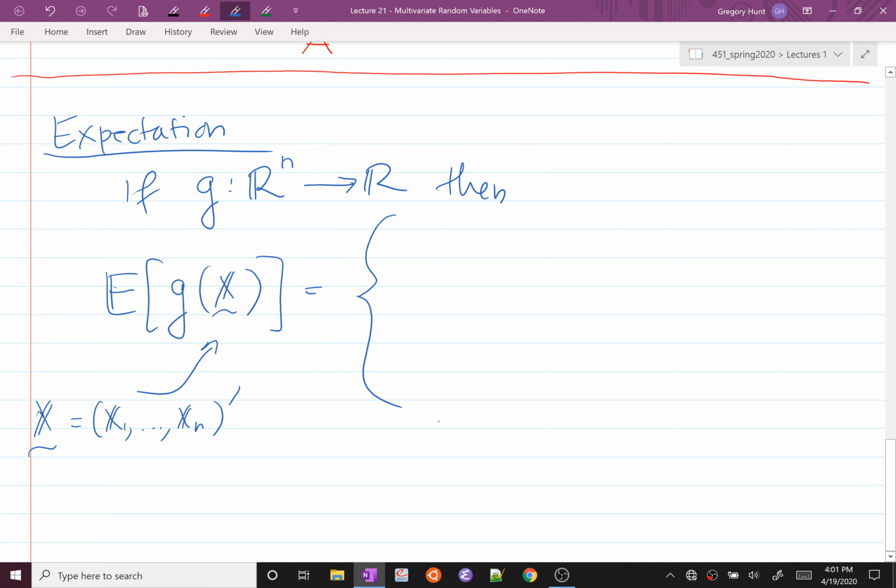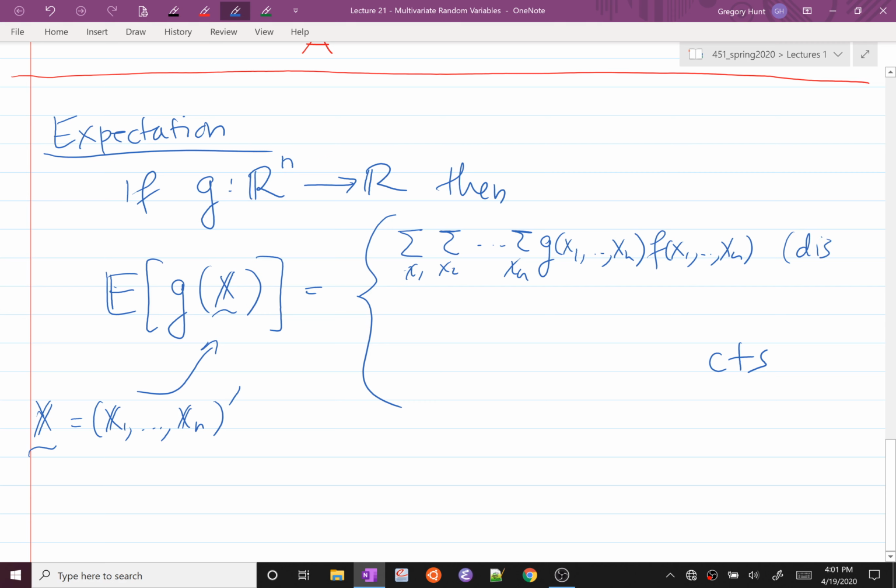In this case, the expected value of g of x has two cases, depending on whether it is a multivariate discrete random variable or a multivariate continuous random variable. In the discrete case, we sum over x1 and sum over x2, etc., all the way to the sum over xn. What we're going to sum is g of x1 to xn times f of x1 to xn.